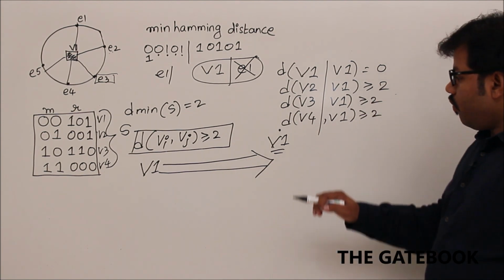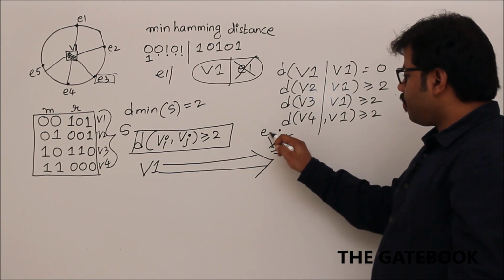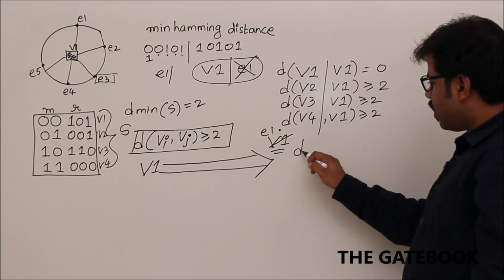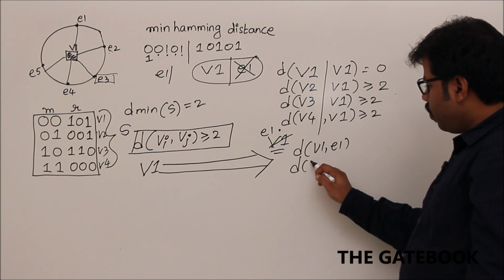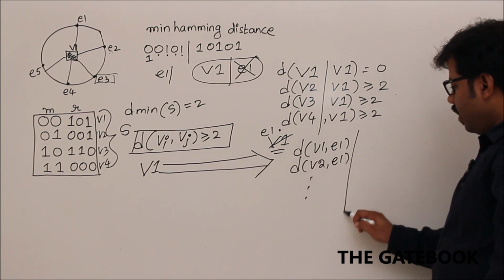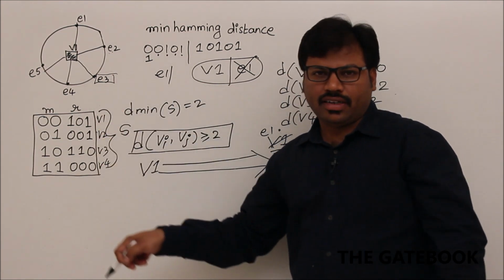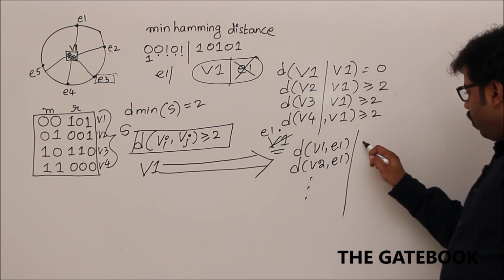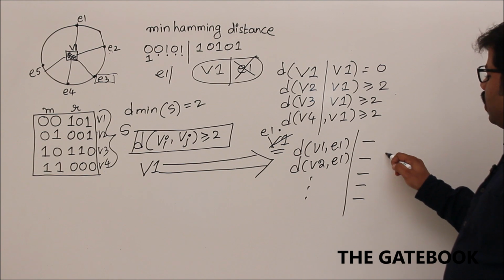Now, what if an error comes? For example, if you send V1 and you get E1, what is going to happen? If the same thing is computed, D of V1 comma E1 and D of V2 comma E1, and so on. Definitely we know that E1 cannot be any of the valid patterns. So in these places none of the rows will have a 0 value.